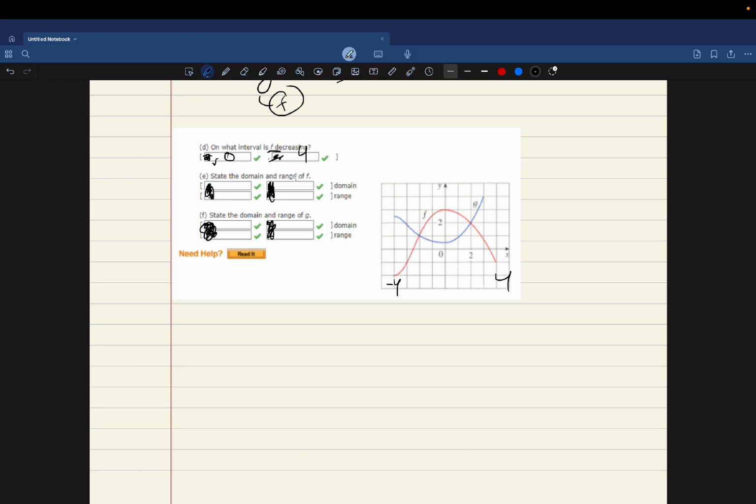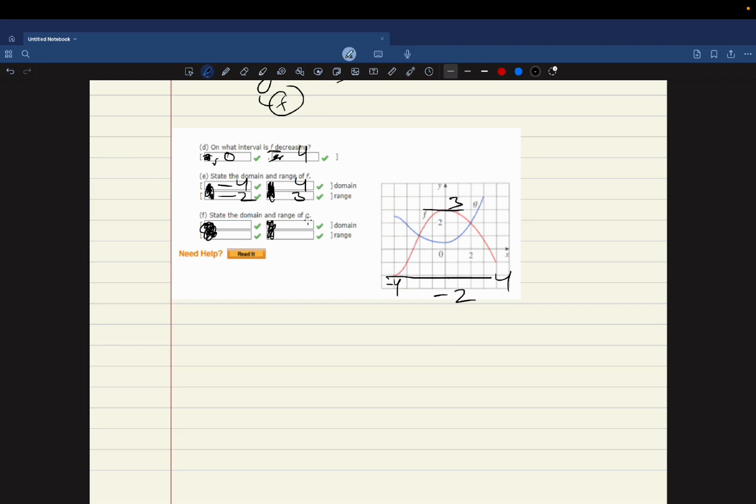So the domain for the graph f will be -4 through 4. Now the range for f is the possible values on the y-axis, so it goes from here through here. You can do -1 and then -2, so from -2 to 3. So -2 to 3 is the range of the graph f.